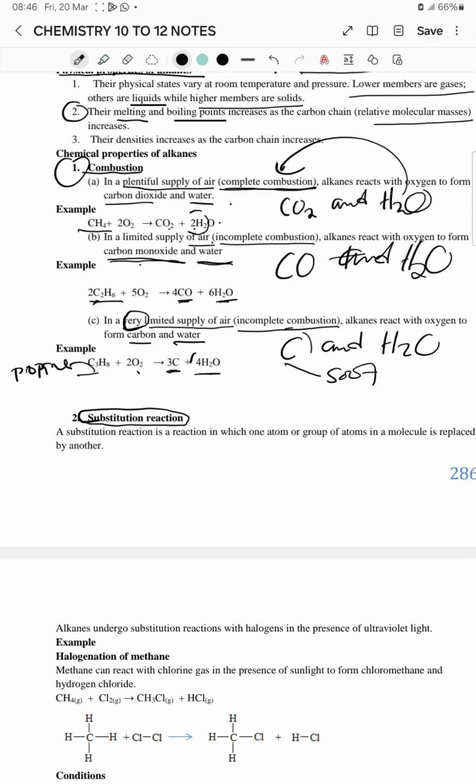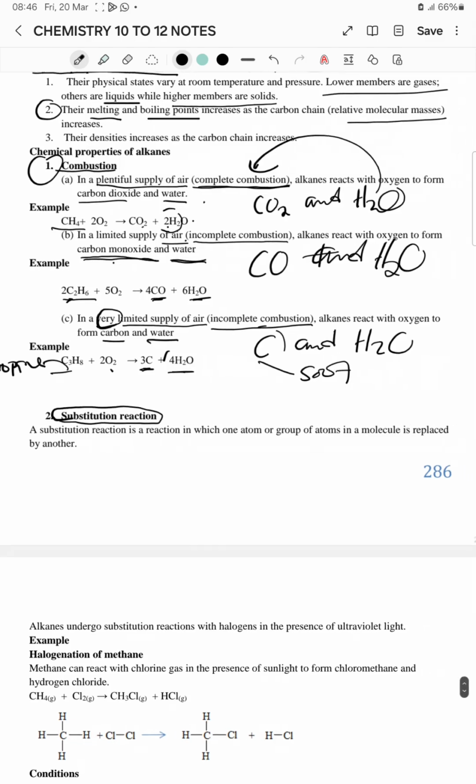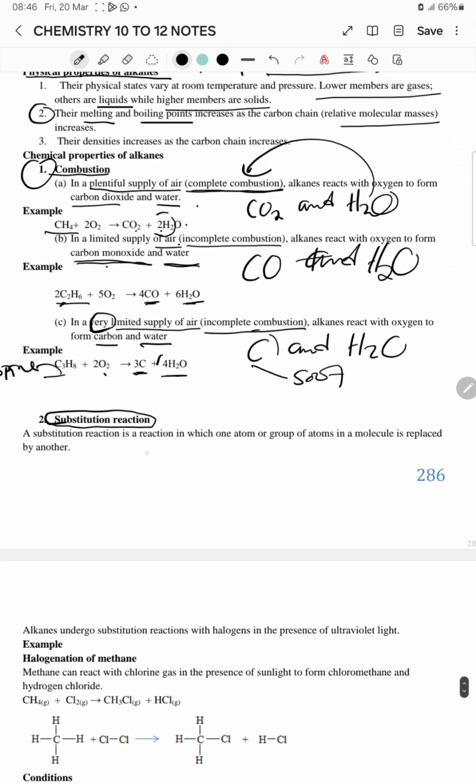Okay, so now a substitution reaction is a reaction in which one atom or group of atoms in a molecule is replaced by another.